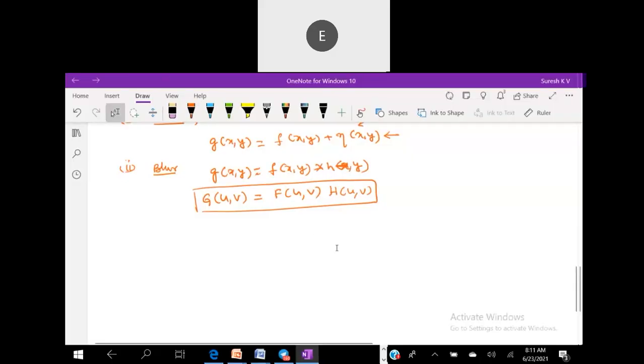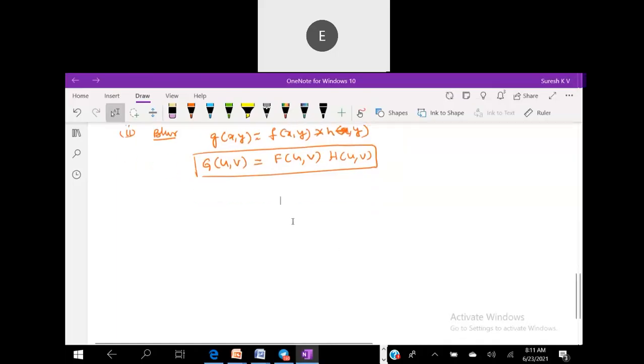With this model, what is required is to find F of u comma v, and you know F of u comma v is G of u comma v divided by H of u comma v. So it looks as if, when the blur is estimated, I can just divide the Fourier transform of the degraded image by the Fourier transform of the estimated blur, and I get F of u comma v.